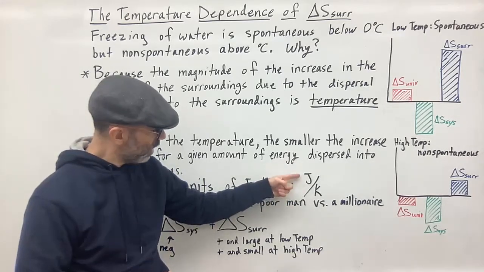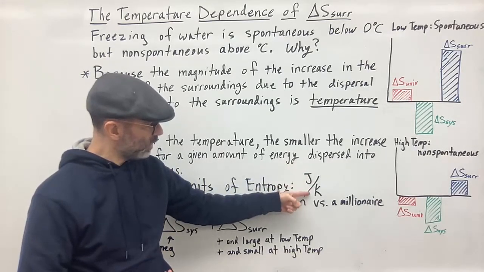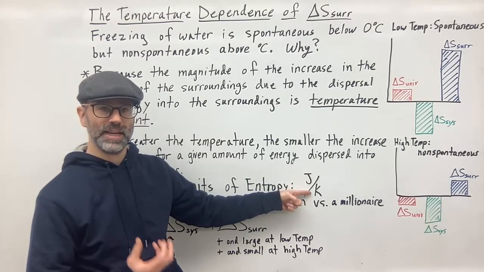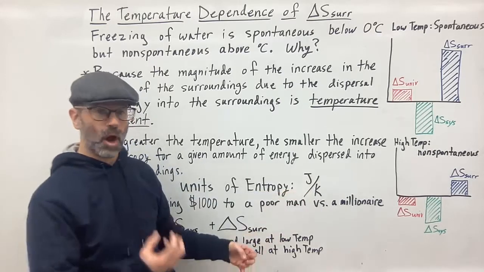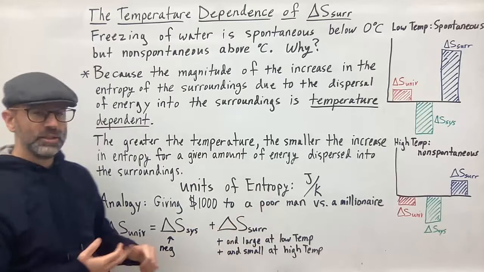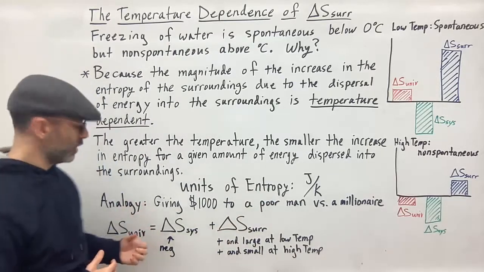The amount of energy in joules divided by the temperature in Kelvin is going to be a smaller entropy, right?